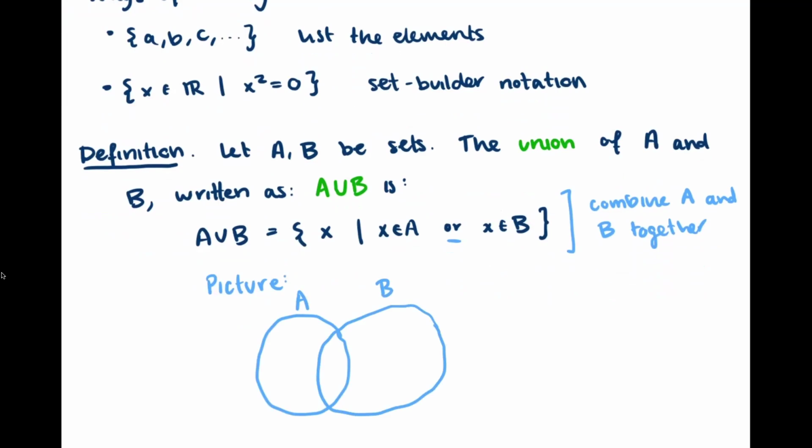So the elements of A union B, I'm going to use a pink highlighter for this, would be anything that's in B, also anything that's in the overlap, and everything that's in A. So every member of any of these three regions satisfies this condition of being in A or being in B.